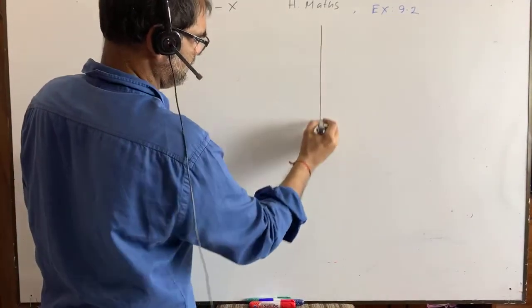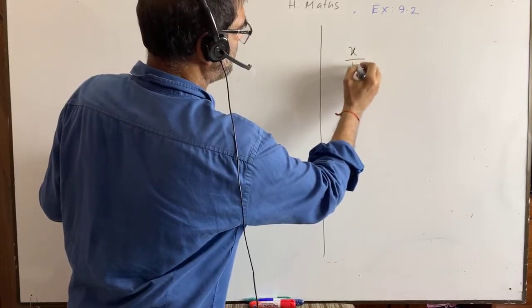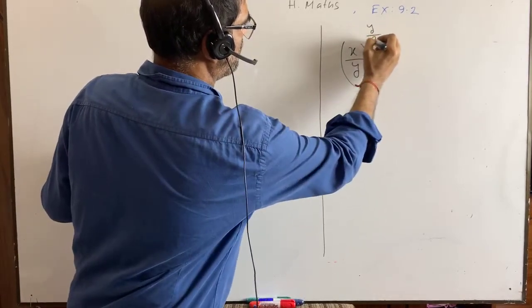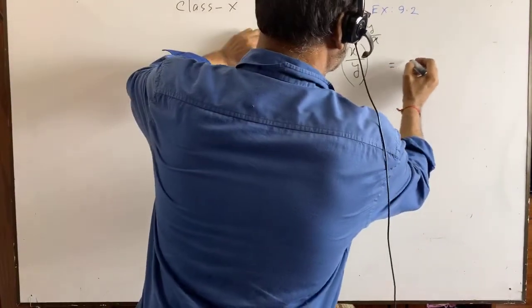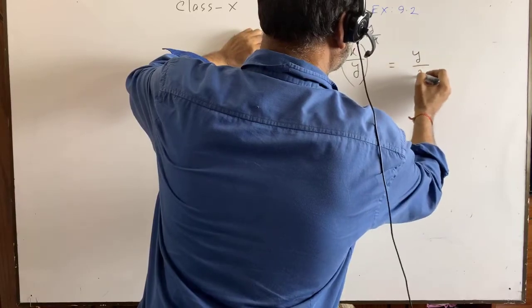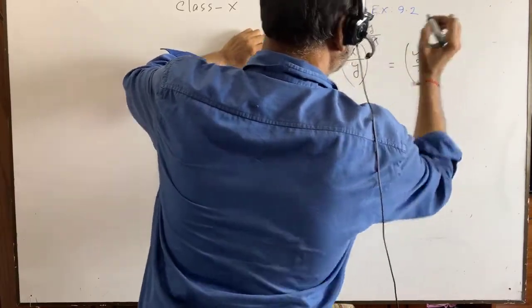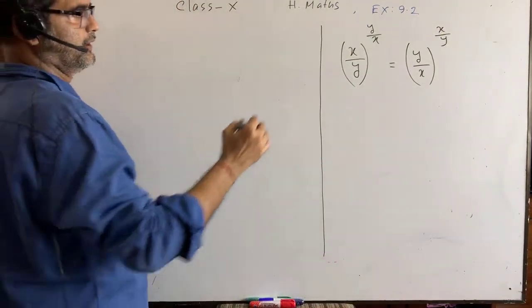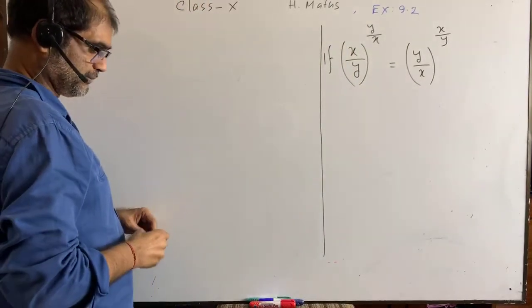Suppose you are given a math x by y whole to the power y by x is equal to y by x whole to the power x by y. It was given in the board exam, right?